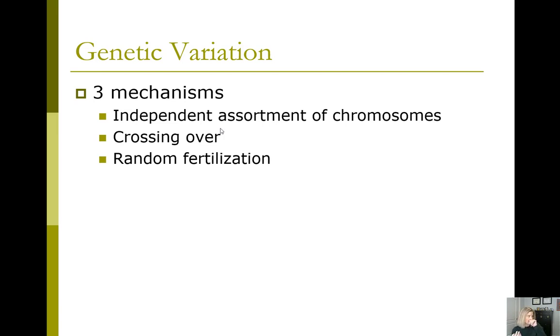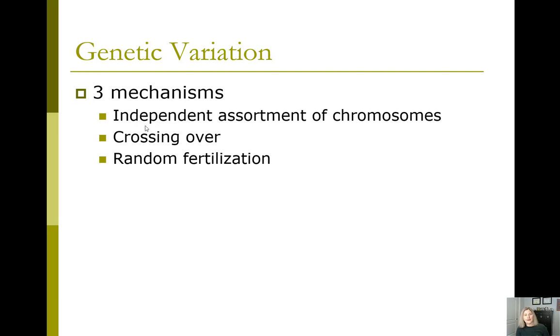Now this occurs during metaphase 1, where the homologous chromosomes are hanging out in tetrads, and they align themselves independently of each other. So we're not always going to have one maternal set on one side and the paternal set on the other. It's going to be shuffled around, and we'll talk about that.